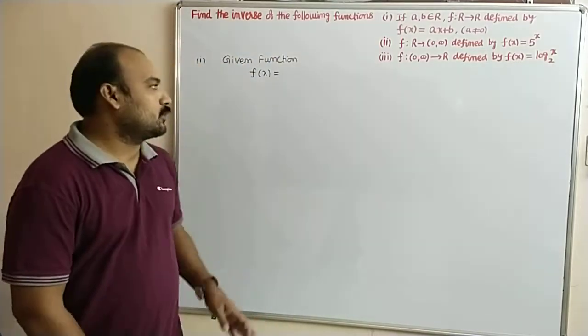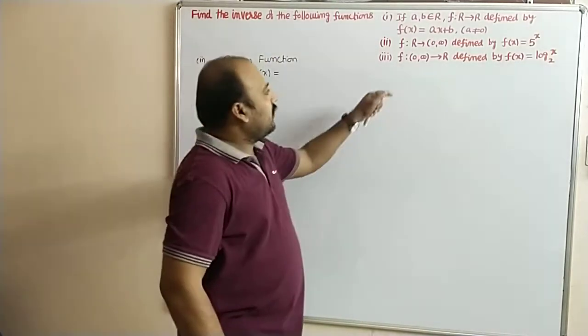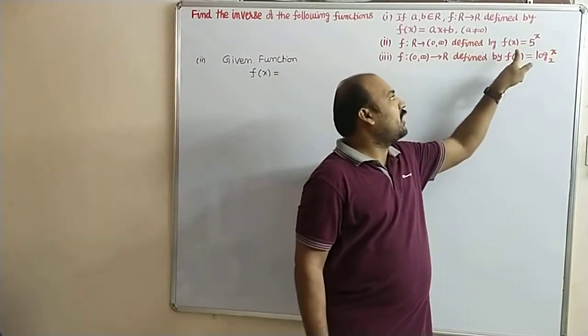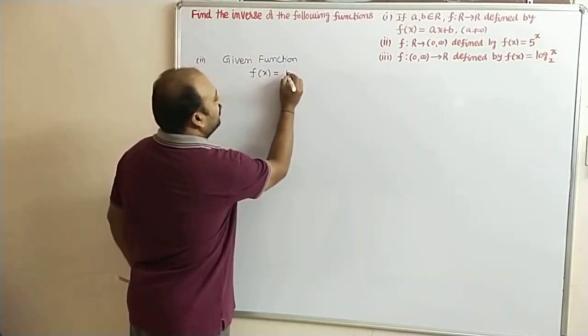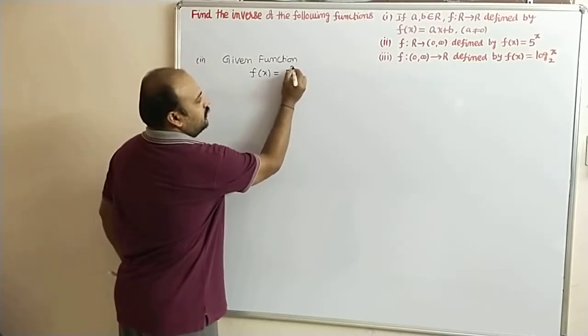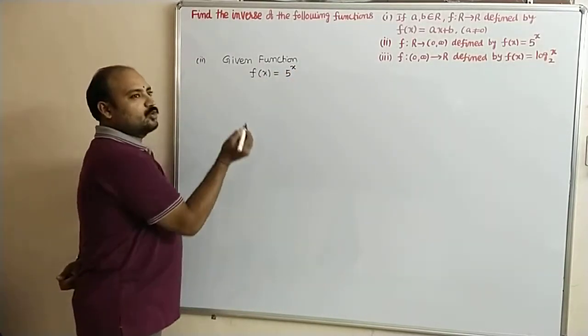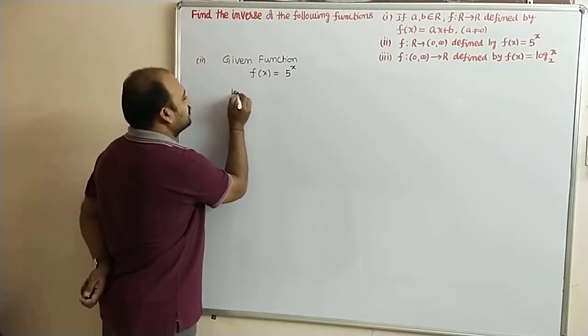The next question, the second question. Here f is defined from R to the open interval 0 to infinity by f of x equal to 5 power x, an exponential function. Given f of x is equal to 5 power x. As the usual procedure to find the inverse of the function, first let y equal to f of x.